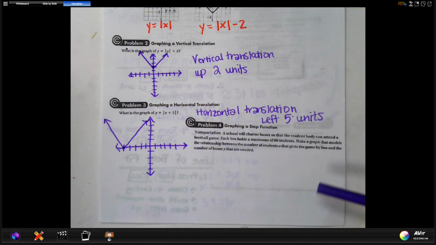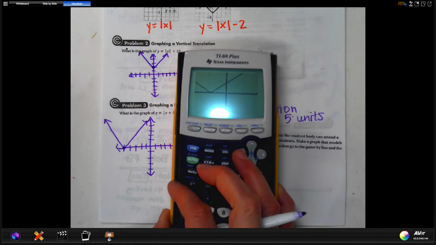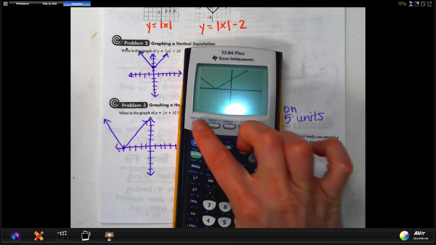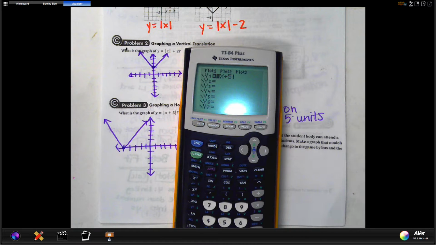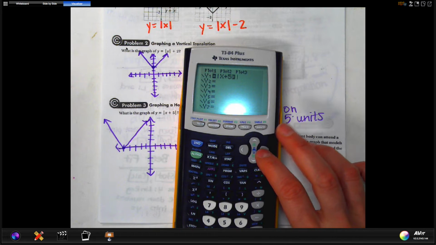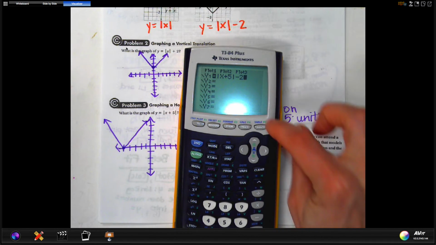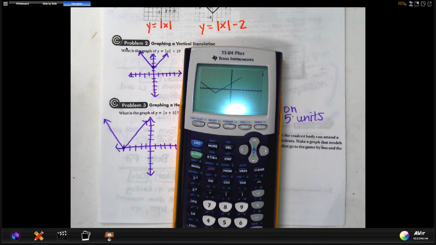Now, one other thing I just quickly want to show you on here is, what if we have this? And I'm going to show you on the graphing calculator here. So if we press y equals, let's say we had the plus 5 on the inside of the absolute value symbols. And then we scrolled all the way over and we did a minus 2 on the outside. What's going to happen? It's going to go down.